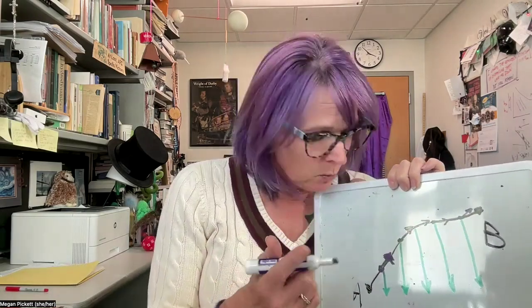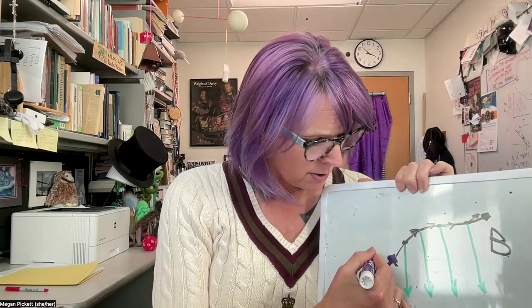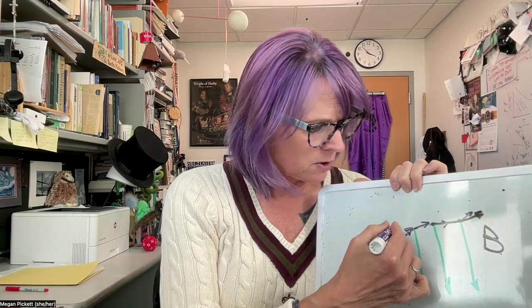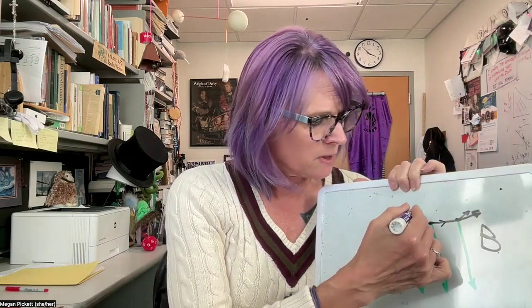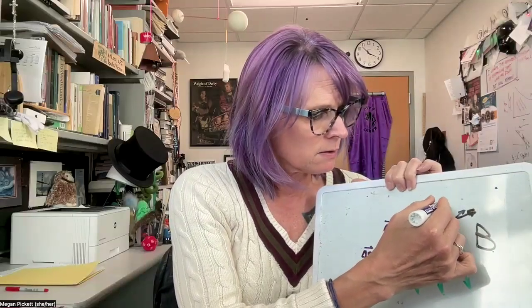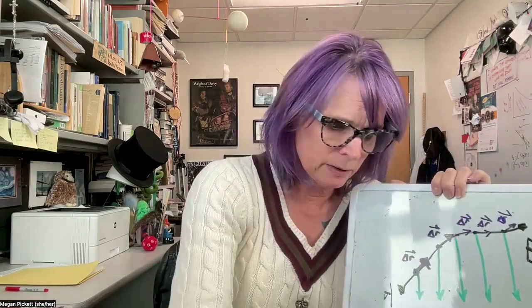Why is this important? Well, the path you're taking, the things in purple, we'll call it delta R, but we could also call it dr, or we could call it delta X, right? So these are the small increments in paths that you're taking.